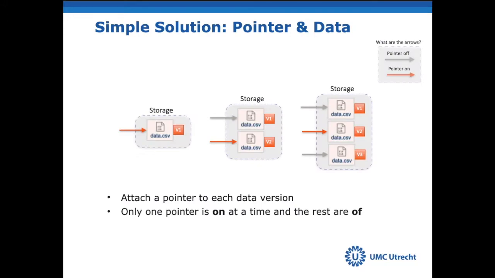Problems become simple when there is already a solution, so I'll start with a solution. Somebody already fixed this problem, and the solution that was proposed was a pointer and data way. You would have data, and you would have a pointer that points at the data. For example, if you have a data.csv version 1 in your storage, you have a pointer pointing at this data.